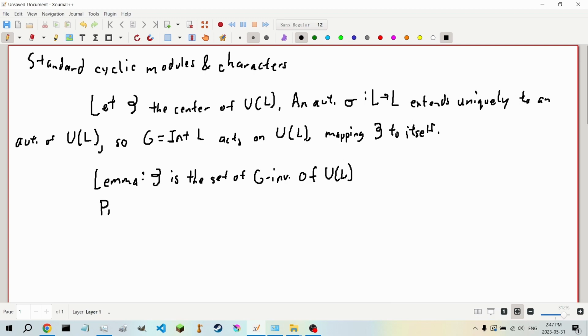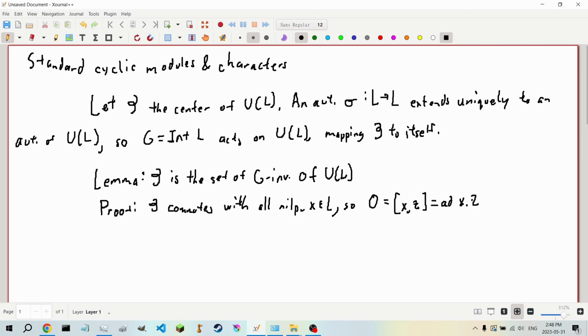And the proof? Well, we know first off it commutes with all nilpotent x in L, as it commutes with all of L. So the bracket. We know that 0 is equal to the bracket of x on z for z in our funny thing, which is the adjoint of x on z.